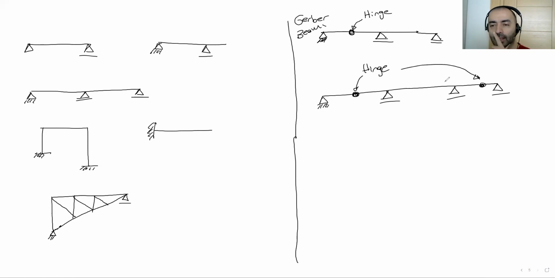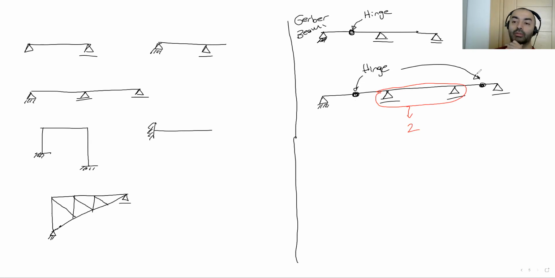But please give your attention to the number of the hinges. The hinge number equals the number of the internal supports. We have two internal supports we can apply.